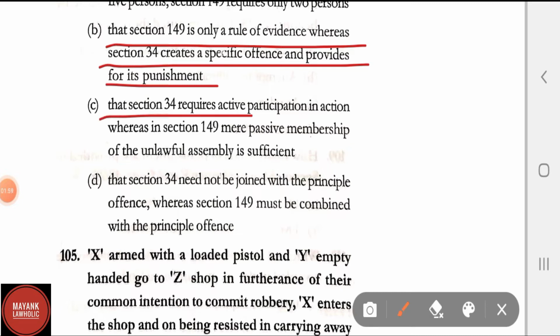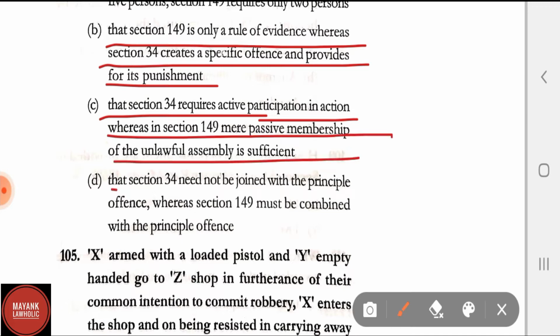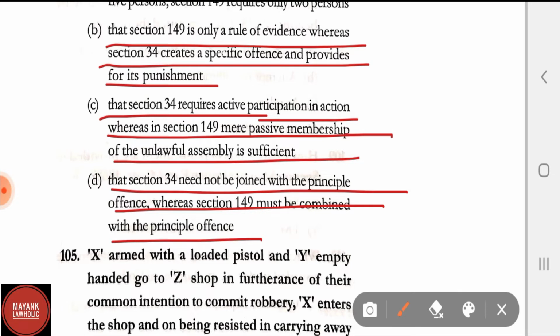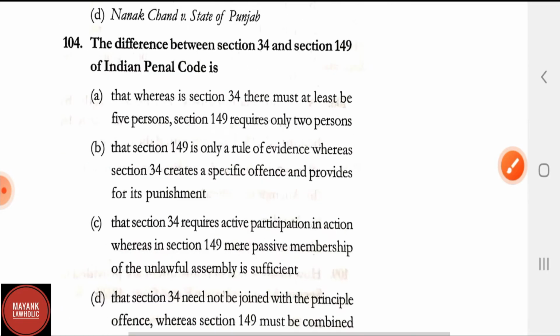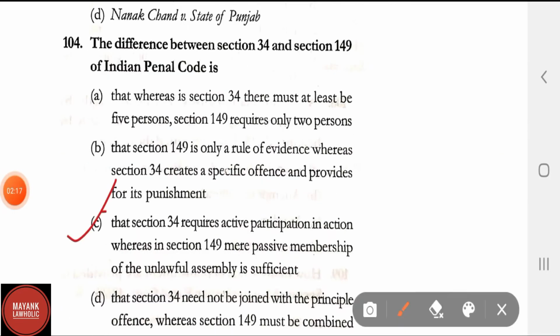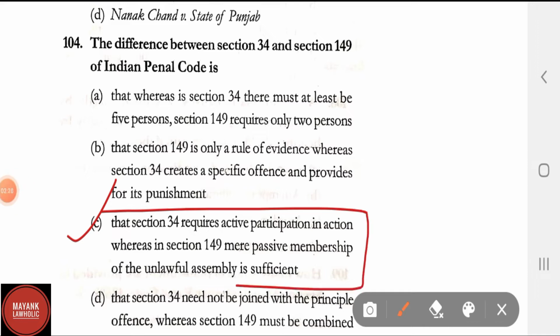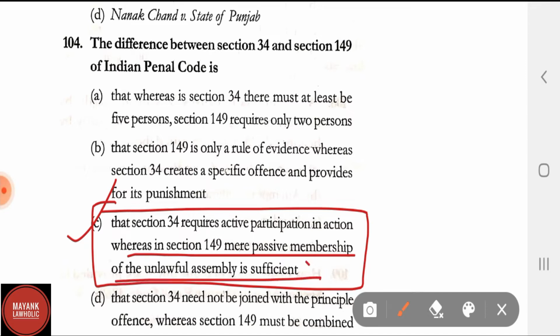Option C, that section 34 requires active participation in action, wherein section 149 mere passive membership of the unlawful assembly is sufficient. Option D, that section 34 need not be joined with the principal offence, whereas section 149 must be combined with the principal offence. In question number 104, the correct answer is option C, that is that section 34 requires active participation in action, whereas section 149 is mere passive membership of the unlawful assembly is sufficient.